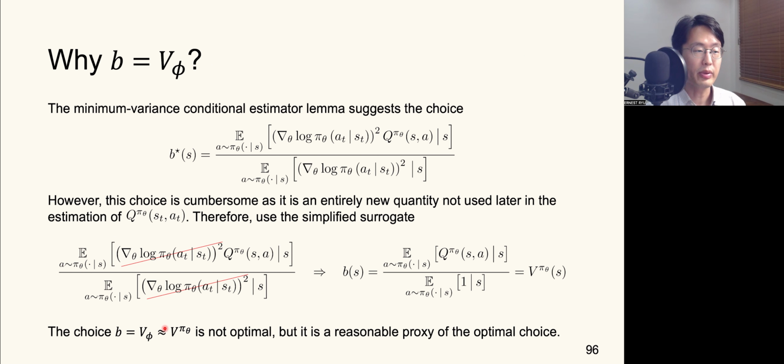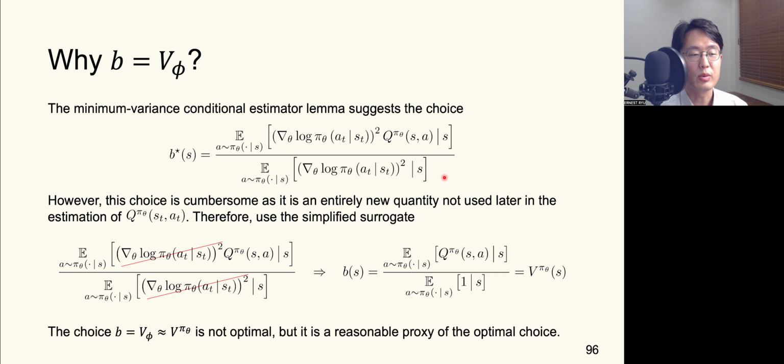And let's see this applied to our setting where we choose the baseline function b. Based on the minimum variance conditional estimator lemma, a good optimal choice for the baseline function b would look like this in our context. Now, if you stare at this quantity, it is just weird.